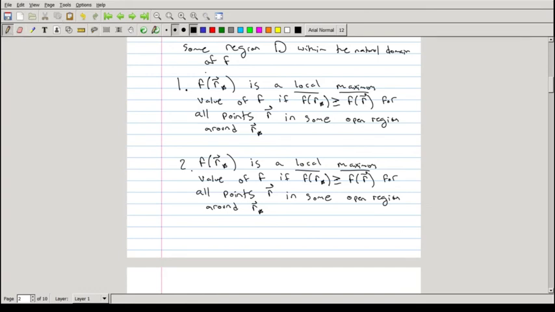F at r star is a local minimum value of f if f of r star is less than or equal to the value of the function f for any points surrounding r star in some small enough region.